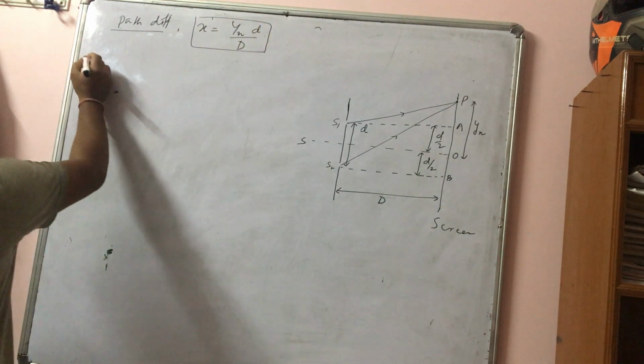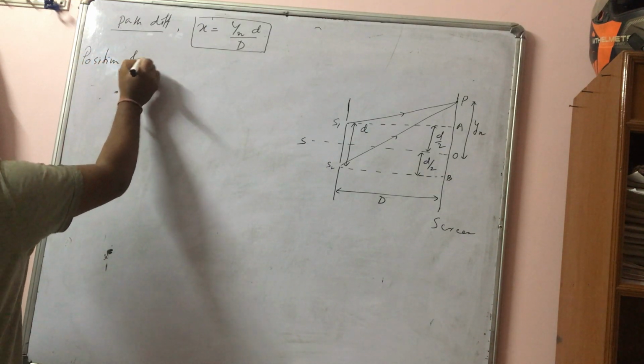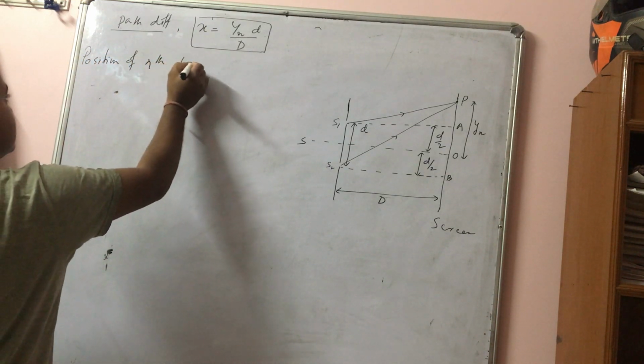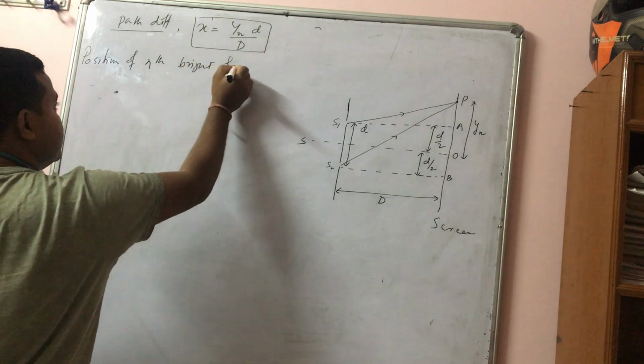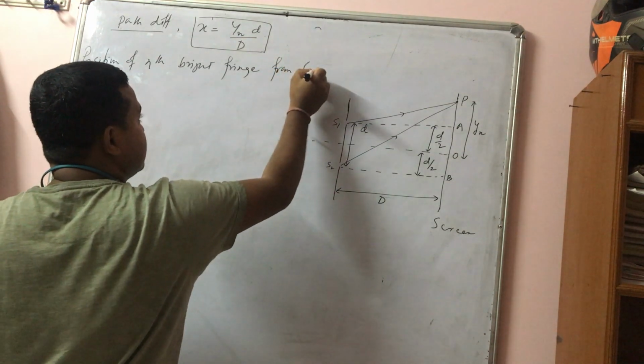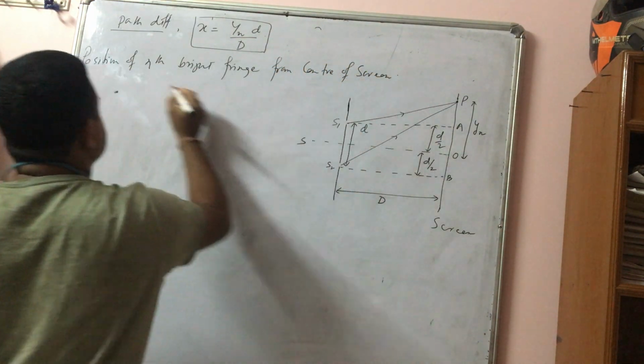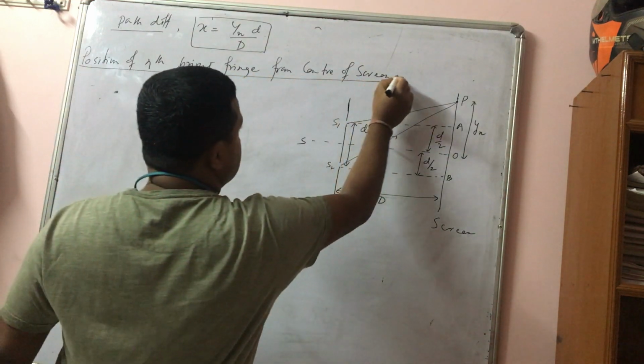Now let me find out the position of the nth bright fringe from the center of the screen.